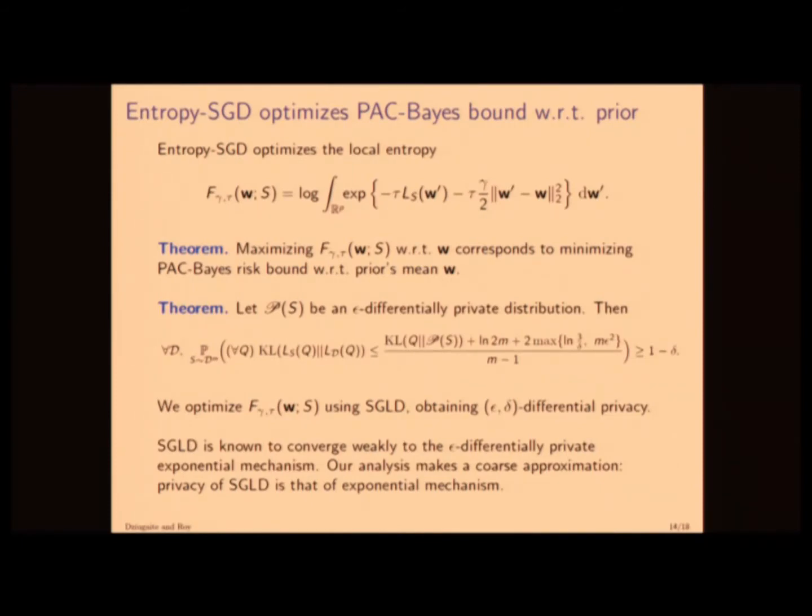So it is almost a corollary, a very simple exercise from a basic theorem in differential privacy, one due to Dwork and others, that if I have a random measure chosen on the basis of the data, and the way in which this choice is made is epsilon differentially private, then I have this PAC-Bayes bound.